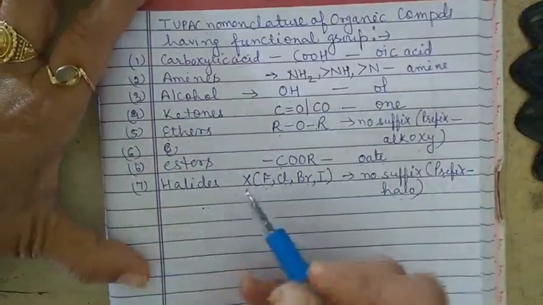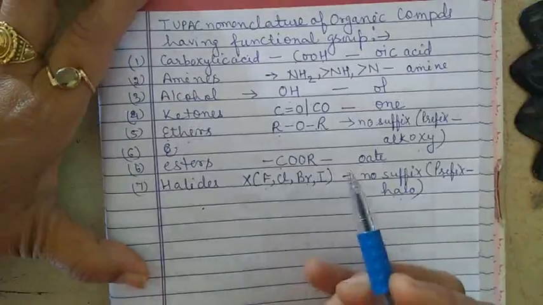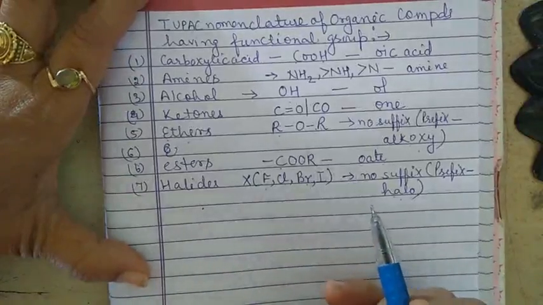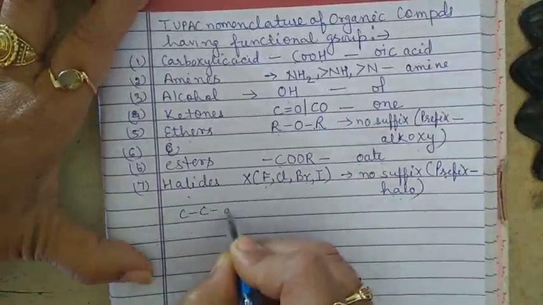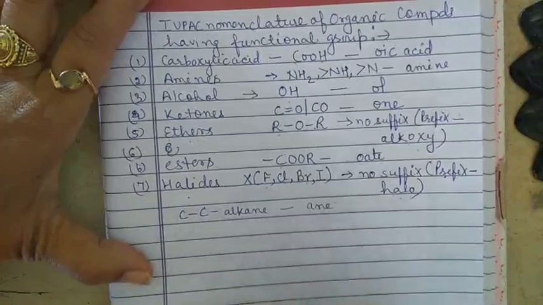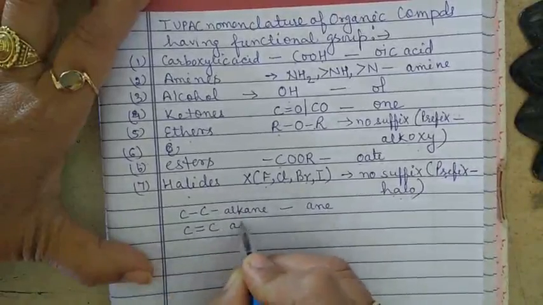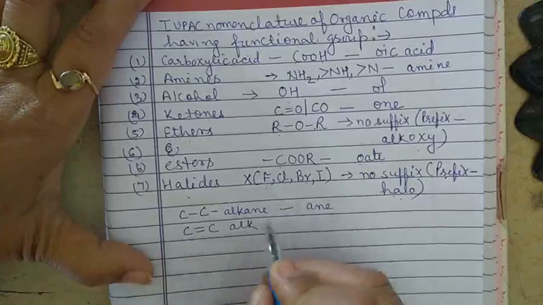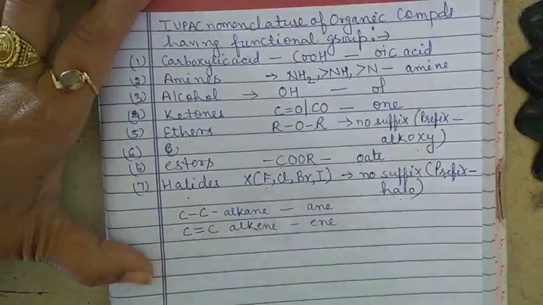So these are the major functional groups, and the rest are alkane, alkene and alkyne, which you are all aware of. When only carbon single bonds are present, it is called an alkane, and for that ane is the suffix. When a double bond is present, it is called an alkene, and for that the ene suffix is used.